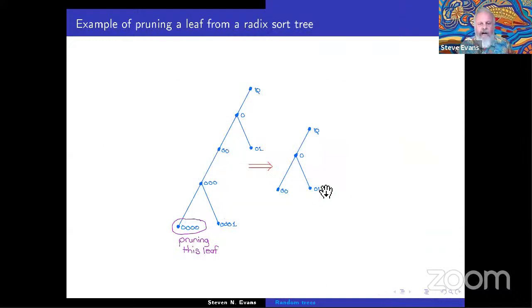Okay, so here's a picture of it. Suppose we prune this leaf. So the infinite word that corresponds to that, we remove and build the resulting binary sort tree.